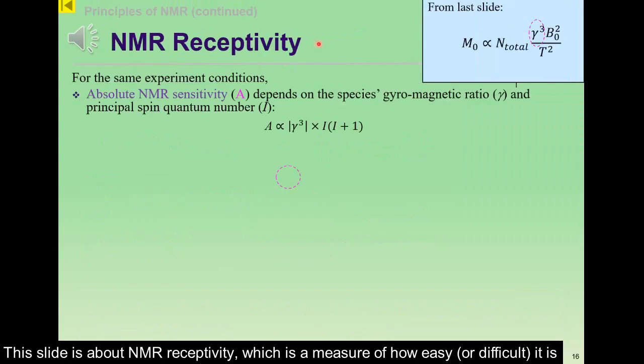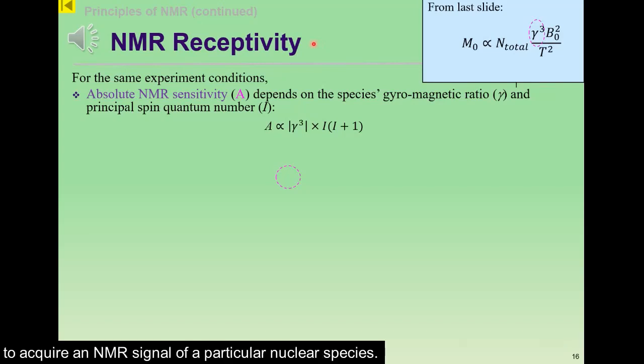This slide is about NMR receptivity, which is a measure of how easy it is to acquire an NMR signal of a particular nuclear species. We want to learn the factors that affect the receptivity and how.